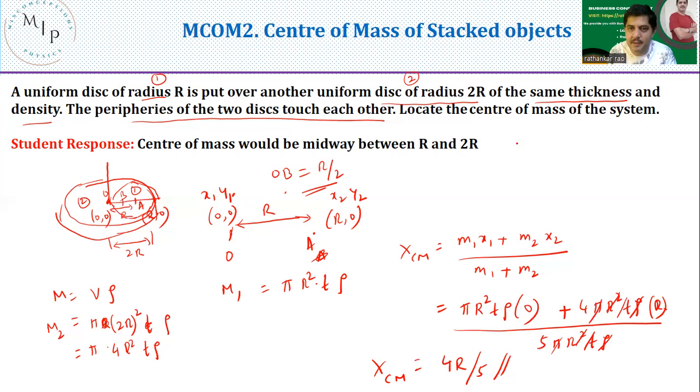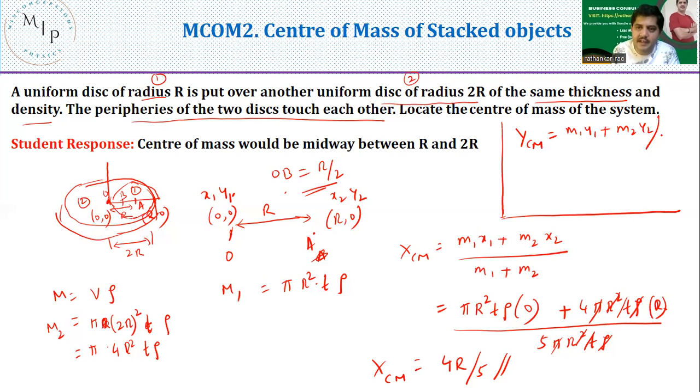Okay, now let me do it here. So this is for YCM. What is the center of mass coordinate along the y-axis? Along the y-axis, what is the formula? I'm just going to replace x by y. So this should now be m1 y1 plus m2 y2 divided by m1 plus m2.